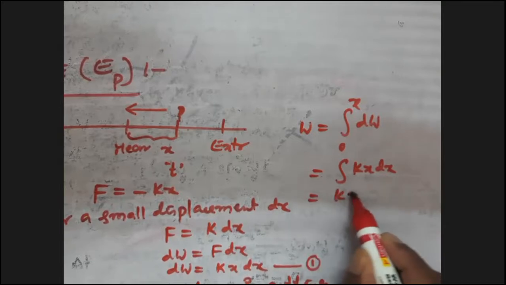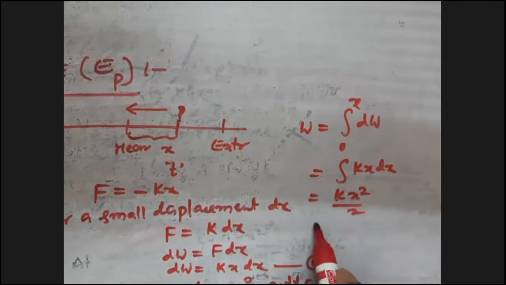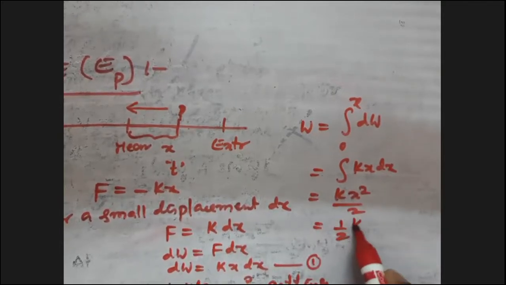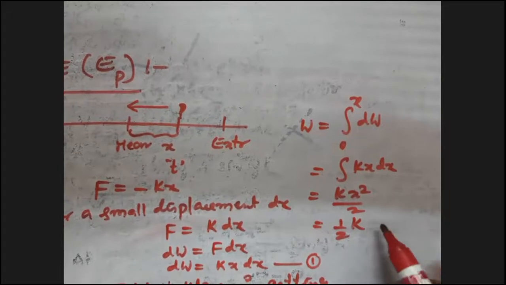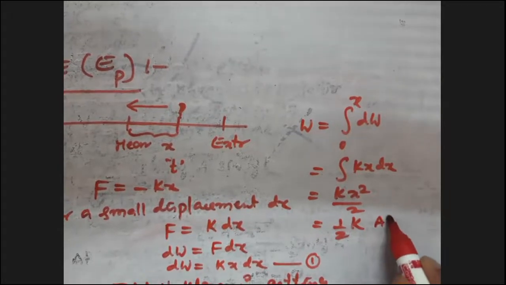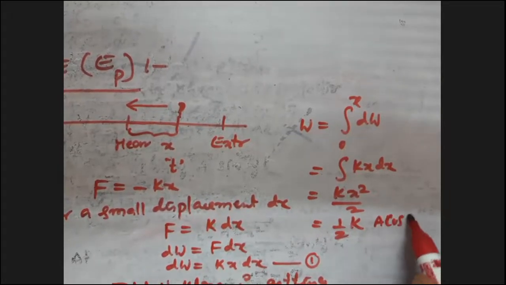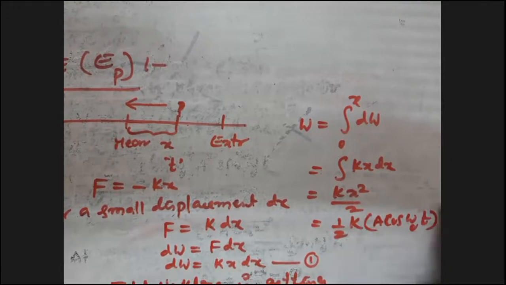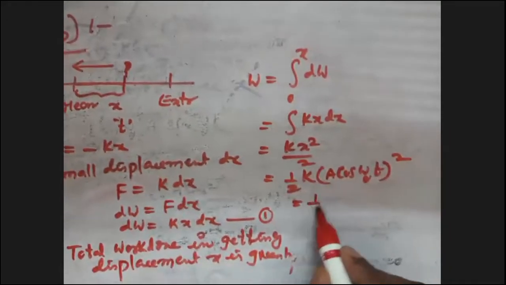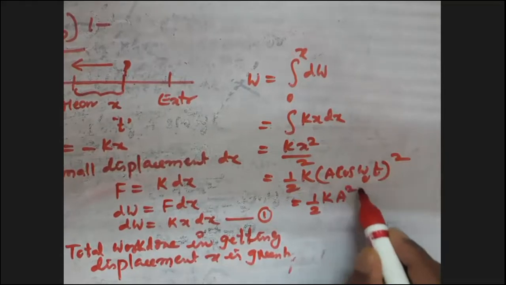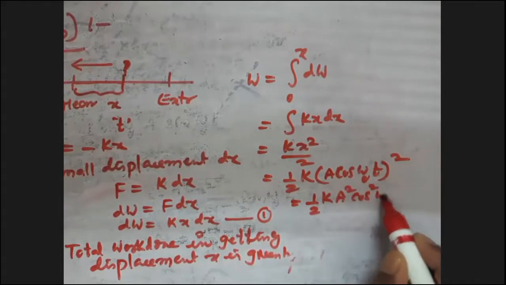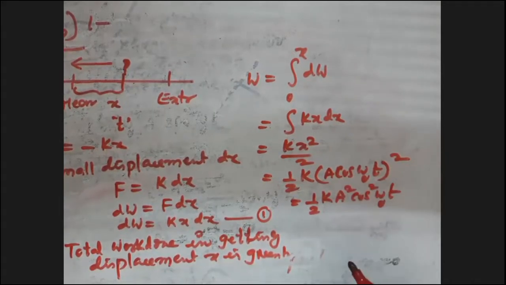This equals k x square by 2, where k is the force constant, we know that. But x is equal to A cos omega naught t, so A cos omega naught t whole square gives half k A square cos square omega naught t.